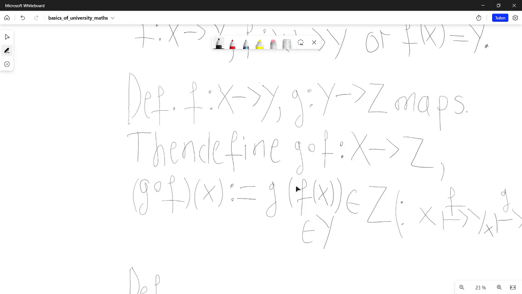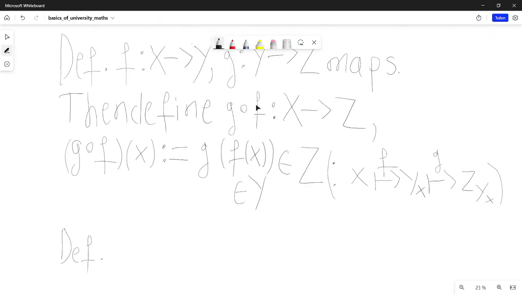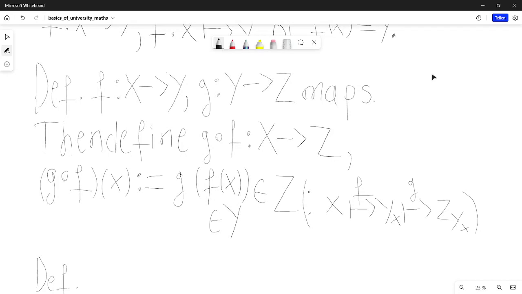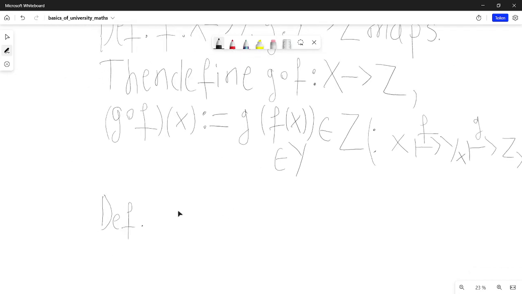And it is defined in this way: go to this via f, then go from what we obtained via f, via g, to the next. And of course, we could concatenate that z to w, and so on, as many maps as we like.